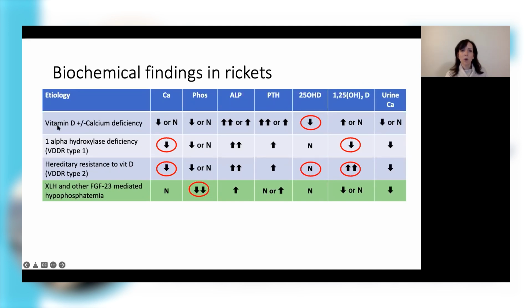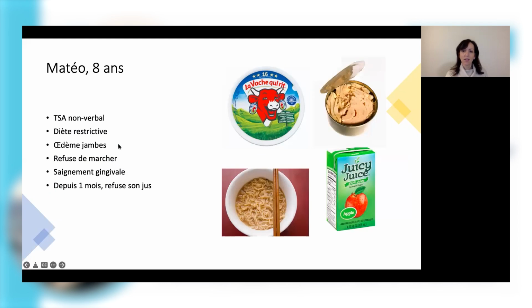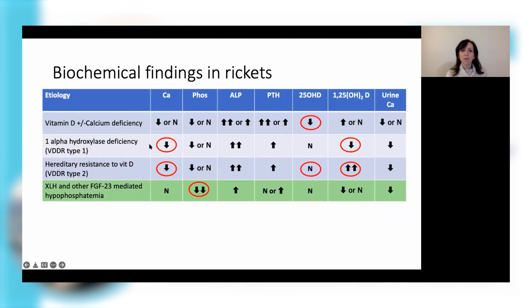When it's a problem with calcium and/or vitamin D, you're going to see low or normal calcium, but low vitamin D. When it's a problem with the enzyme, the 1-alpha hydroxylase, you're going to find low calcium and a low 125. When it's a resistance, the 125 will be really high, but your calcium doesn't respond, so it'll be low. And in hypophosphatemic rickets, the thing to look for is the phosphate.